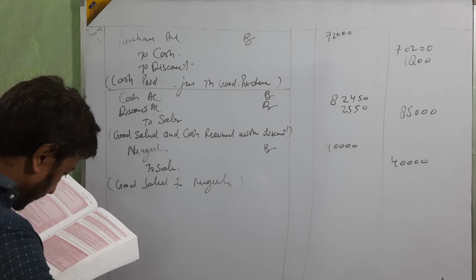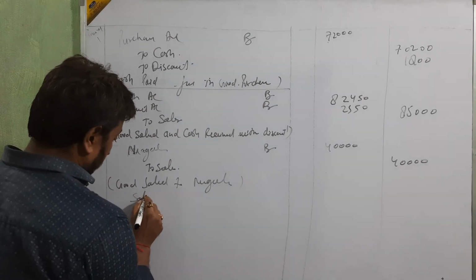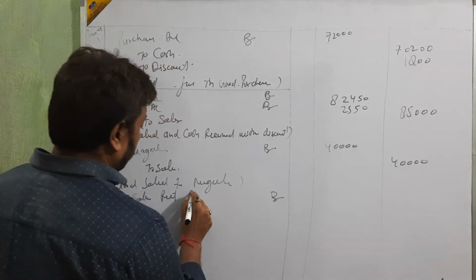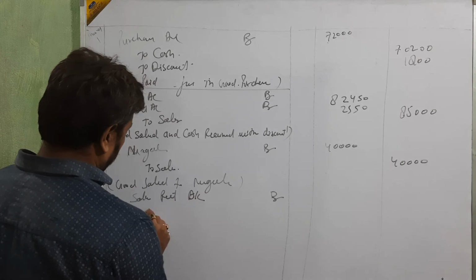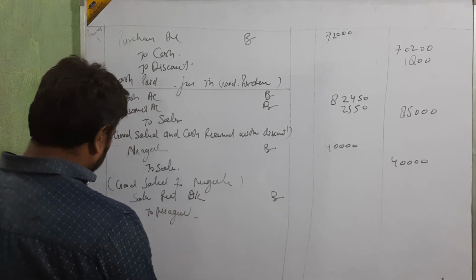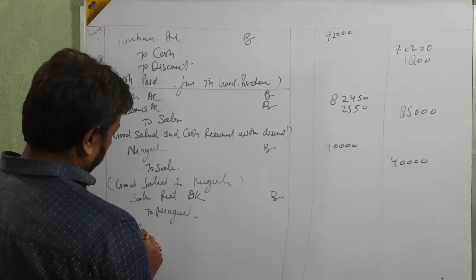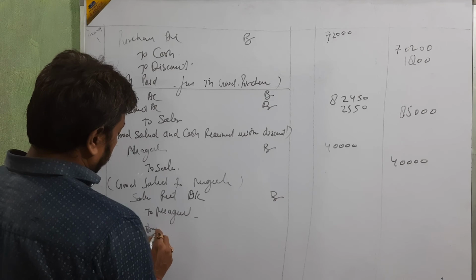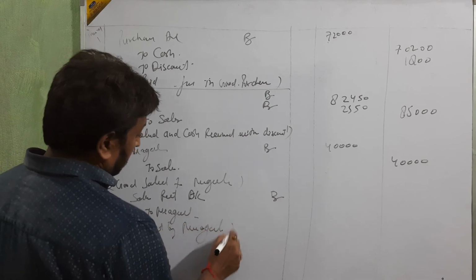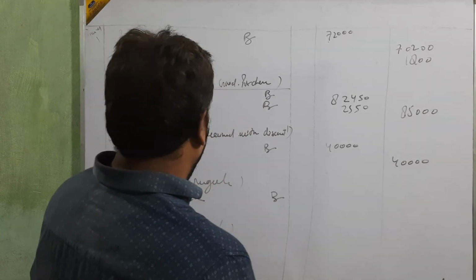Then next, Nigal returned 1/3 of these goods. 1/3 return means Sales Return Dr. to Nigal. Goods returned by Nigal and amount of return is 1/3.